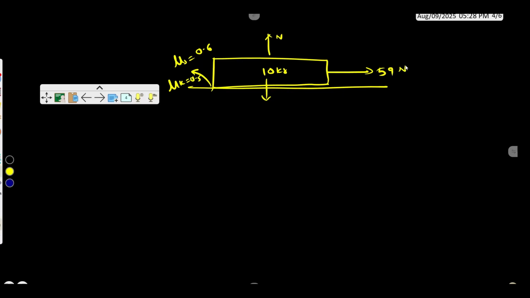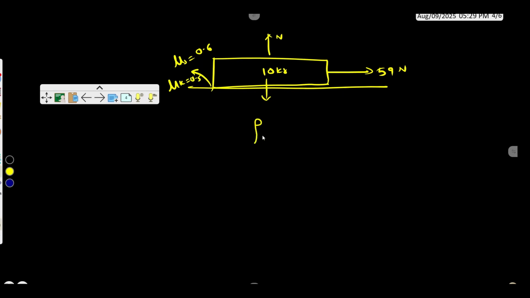First, you should tell what friction is present and what acceleration is present. Whenever a question comes like this, first you have to understand whether the body is moving or not. If the body is moving, I should put kinetic friction. If the body is not moving, I should put static friction.